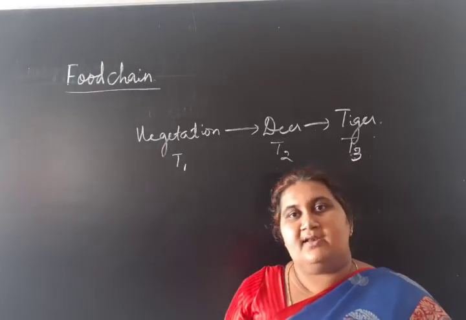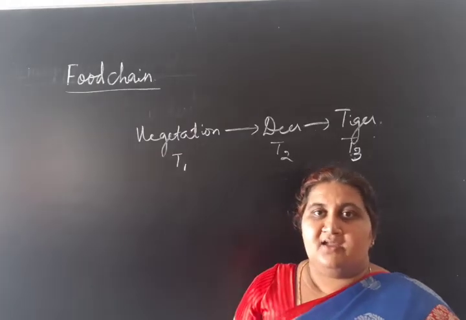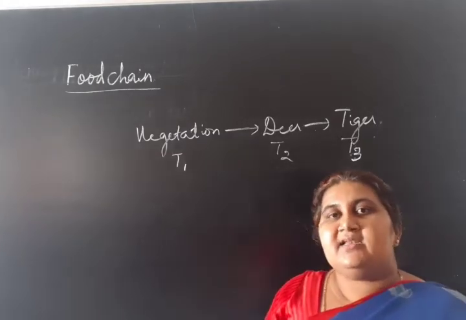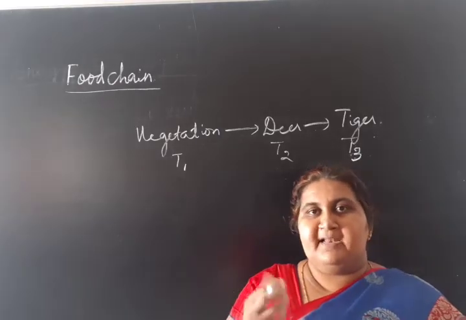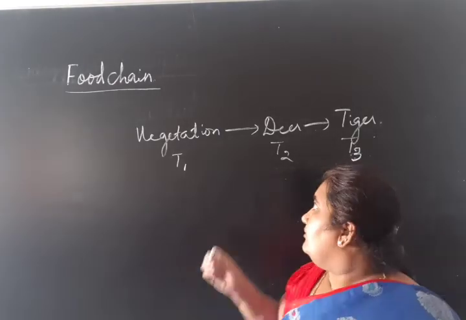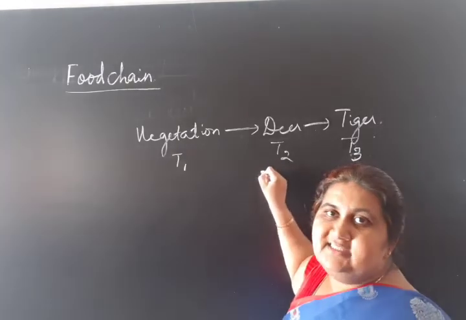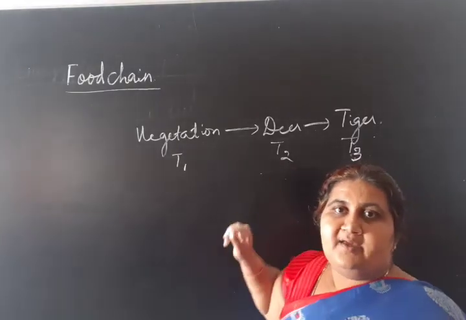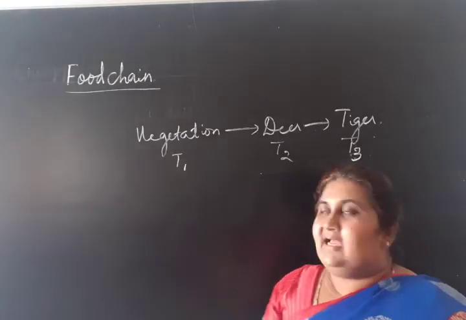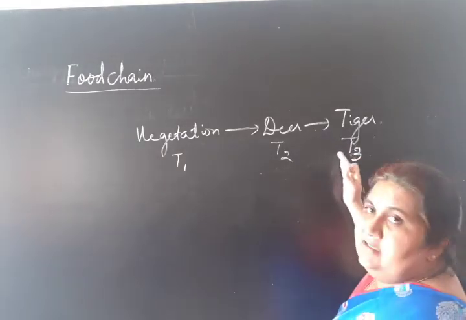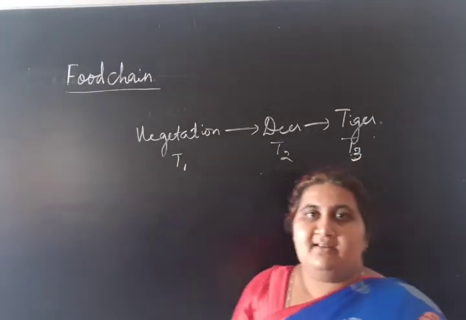Man is also an example for that. When man is a herbivore, when he feeds on plant material, he can be present at the 2nd trophic level. When he is a non-vegetarian, feeding on meat, he can be at the next trophic level.